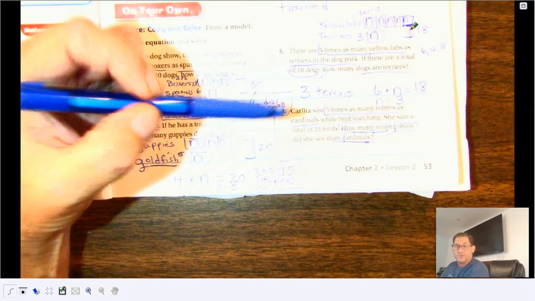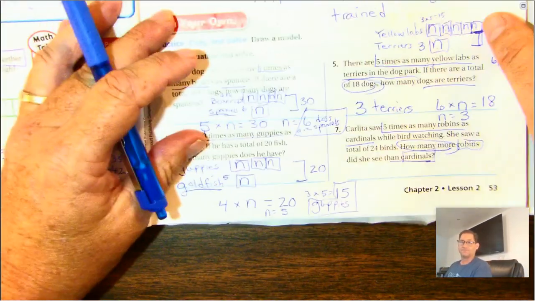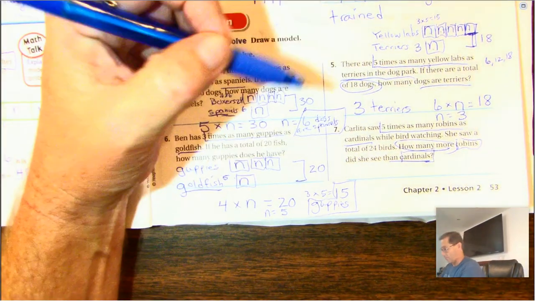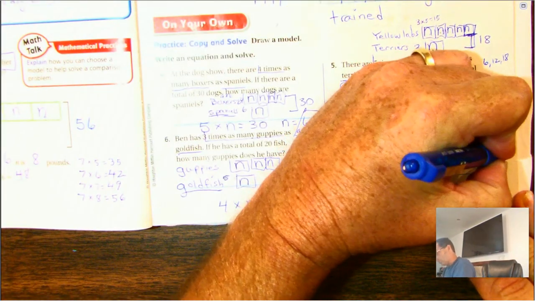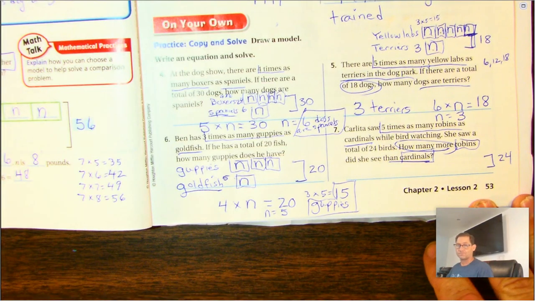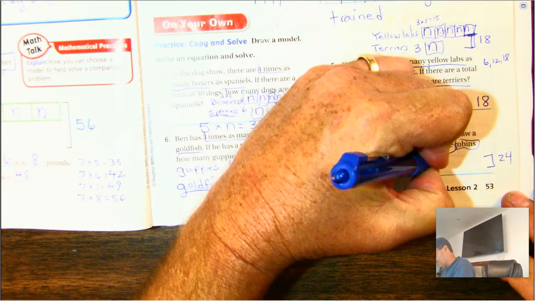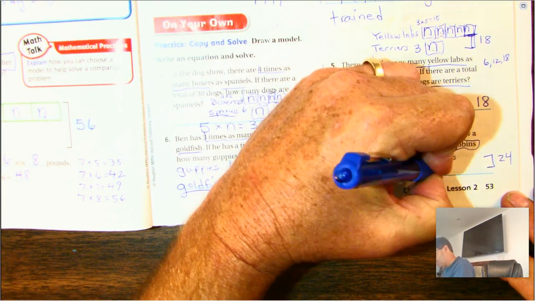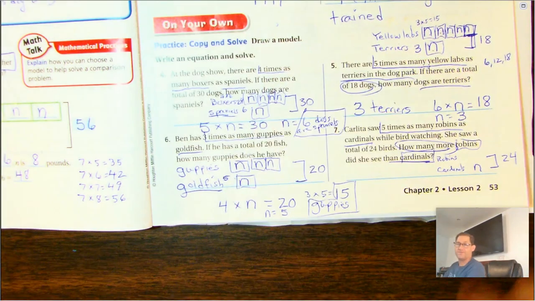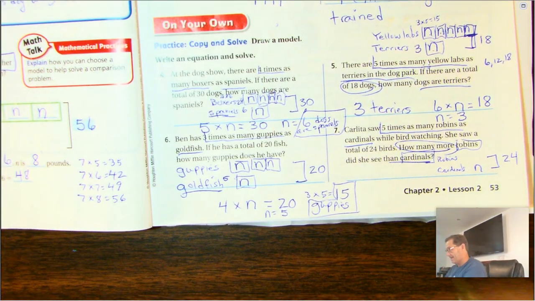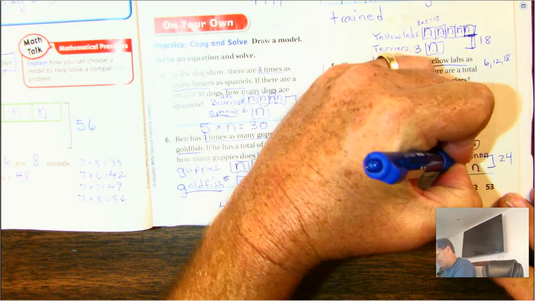Okay, so let's continue. Carlita saw 5 times as many robins as cardinals while bird watching. We know that there were a total of 24. We know that there's more robins than cardinals. So I'm going to let N stand for the cardinals, and then the robins would be 5 times as many.